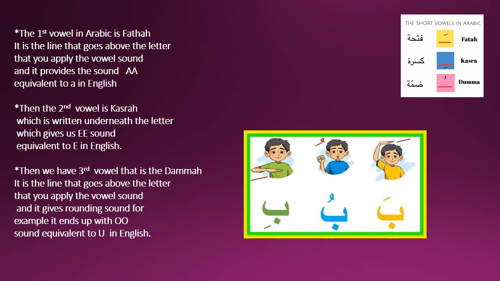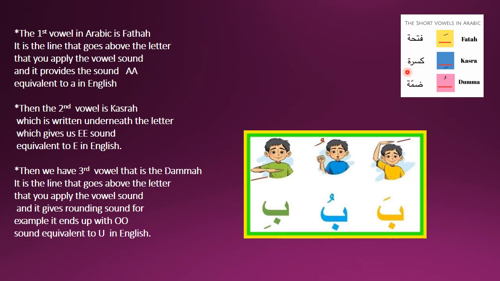The first vowel in Arabic is fatha. Zabar in Urdu. It is the line that goes above the letter that you apply the vowel sound to, and it provides the sound a, equivalent to a in English, like ba zabar ba. Then the second vowel is kasra.